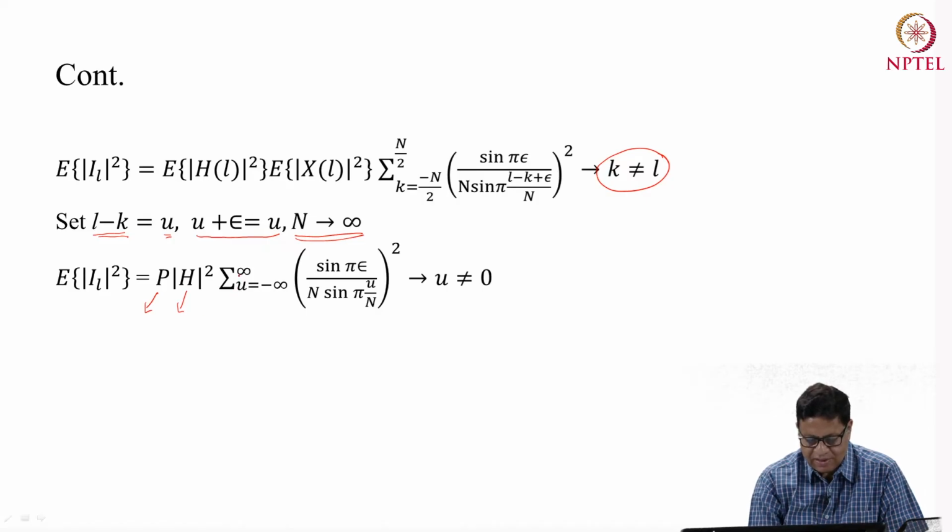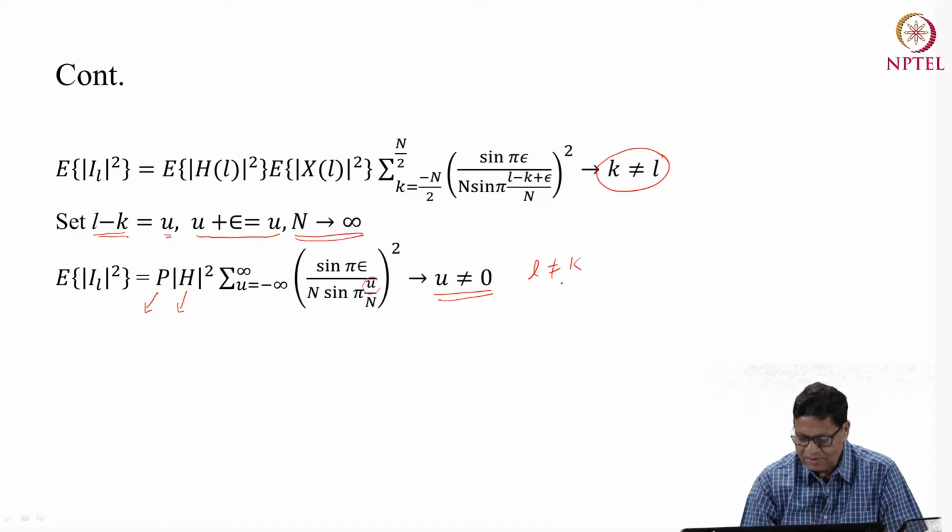And the limits on the summation change. They become u equal to minus infinity to infinity, because N is tending to infinity. In the bracket, sin(πε) and sin(π(l−k)/N), I have replaced l minus k by u, and u plus epsilon by u. This is an approximation I have done. And this is u not equal to 0, because l is not equal to k.